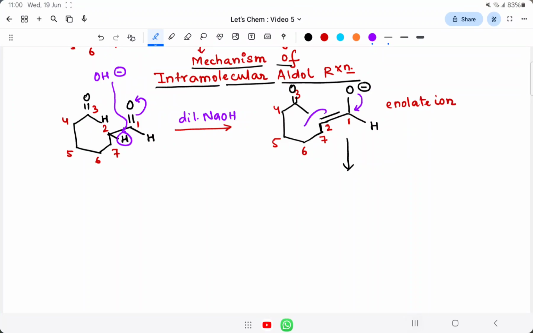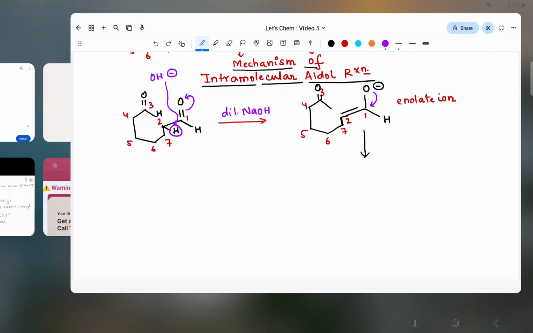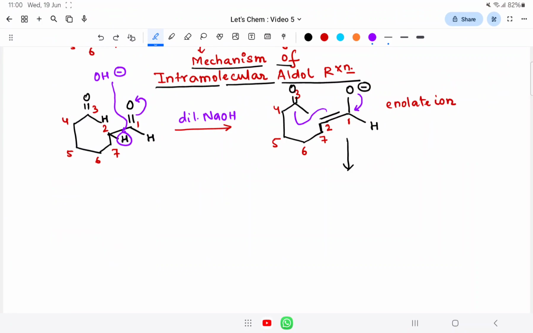Okay, this pi bond, this negative charge goes here, then this pi bond moves here, and this pi bond moves this side.